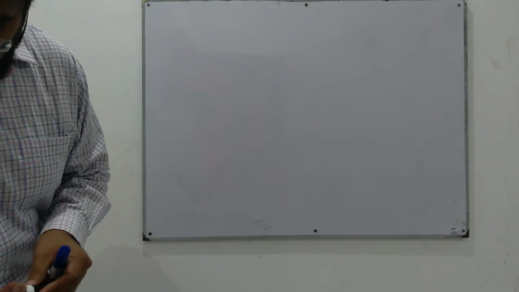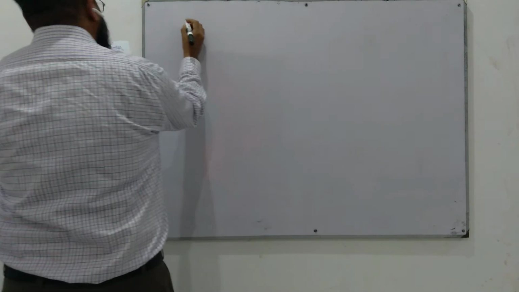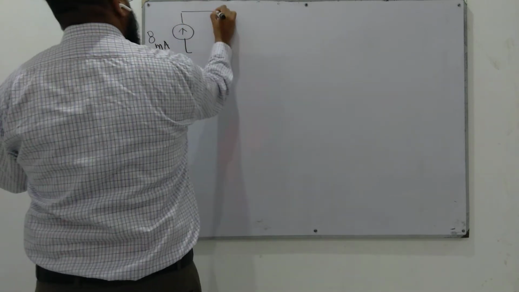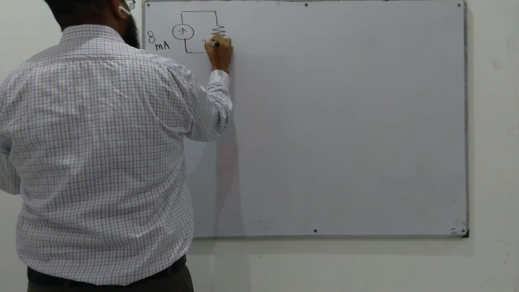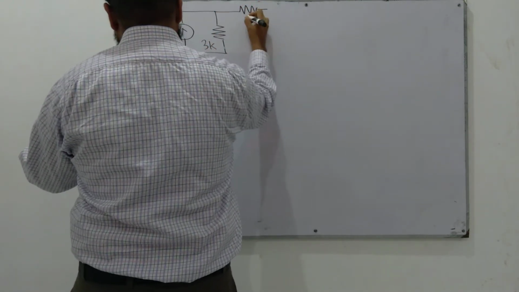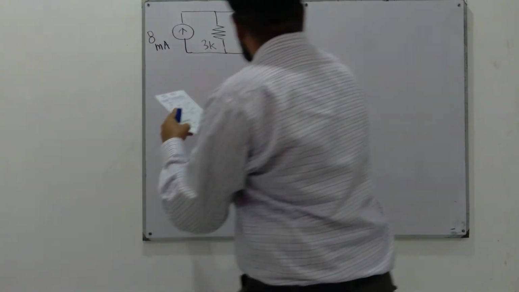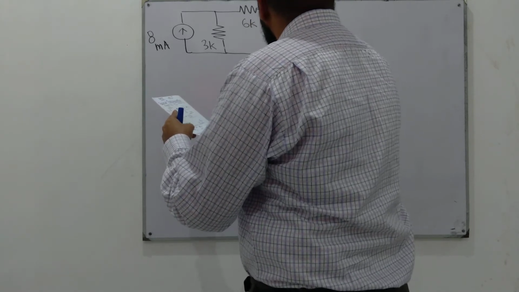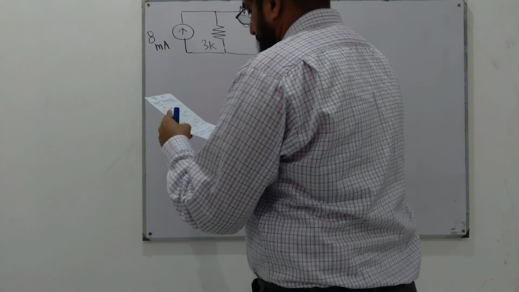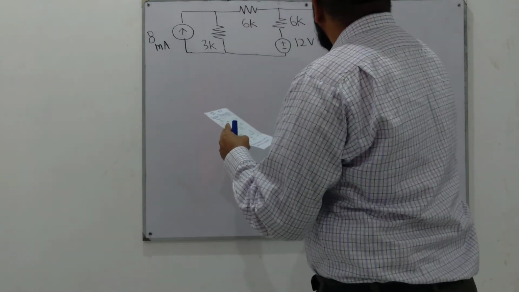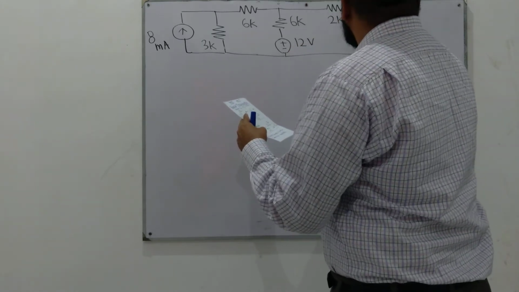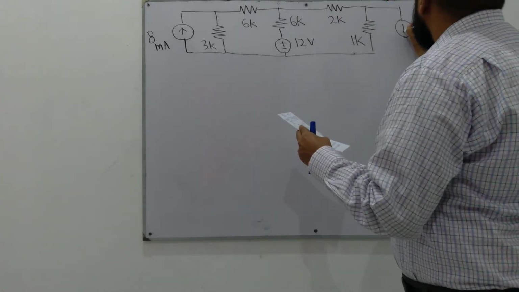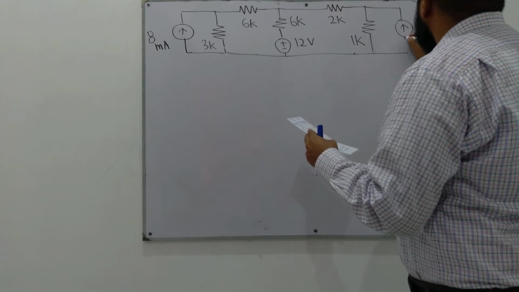It's a bit bigger circuit, where we have a source paired with a 3 kilo ohm resistor in series with a 6K resistor, a source, 12 volts, a 2K resistor, a 1K resistor, and a 4 milliampere current source.